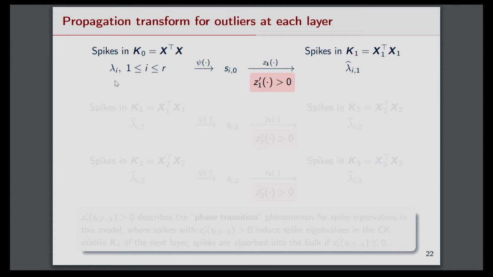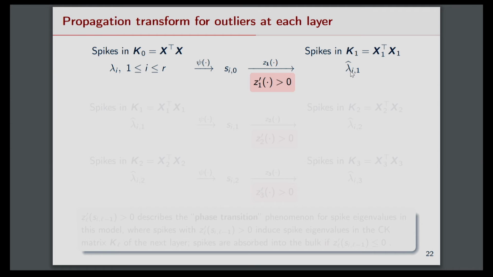Then we apply this transform, this psi is some transform, and then apply this Z1 transform. The Z1 is just the Z transform I defined before, related to the first hidden layer. Applying these two transforms, we can produce an outlier eigenvalue for K1, the first layer CK matrix.